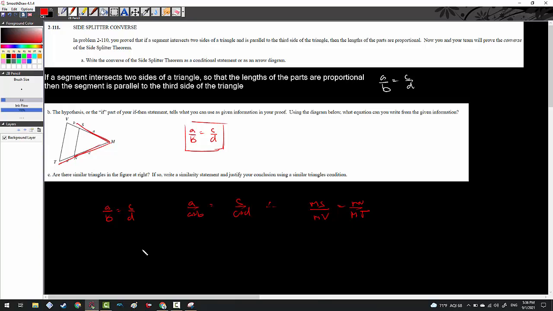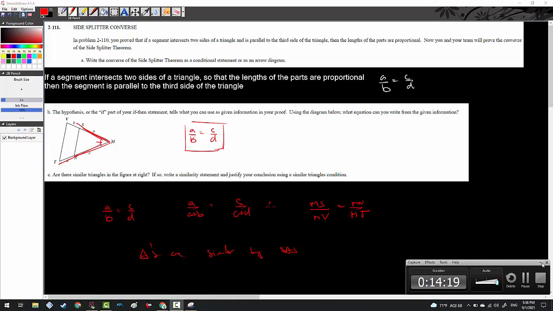So we can say then that the triangles are similar by side angle side, right? Because this angle M is the angle in between the sides.